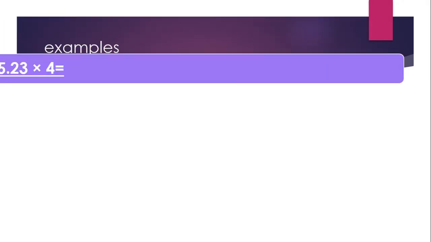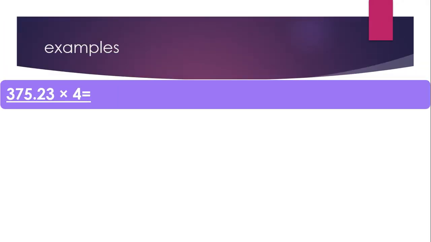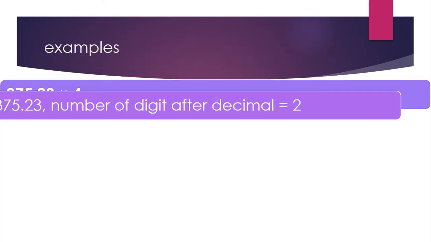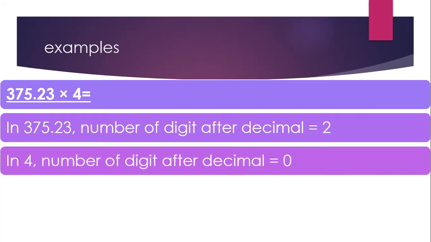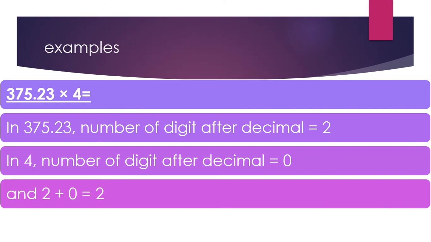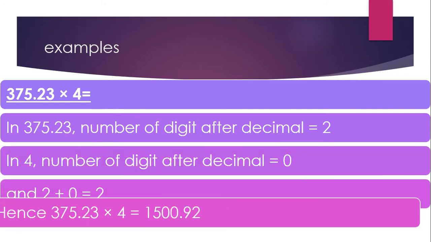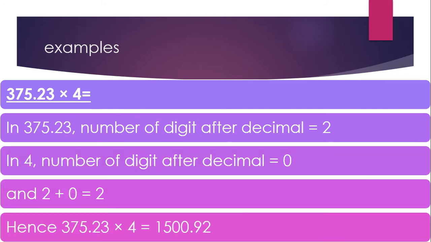Example: 375.23 into 4. In 375.23, the number of digits after the decimal is 2. In 4, the number of digits after the decimal is 0, and 2 plus 0 equals 2. Hence, when we multiply 37523 into 4, we get 150092.